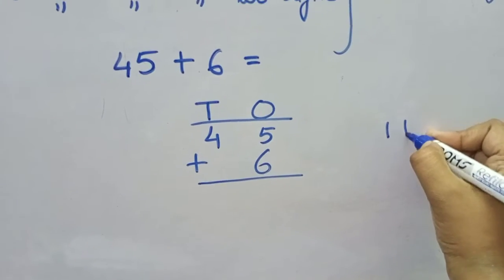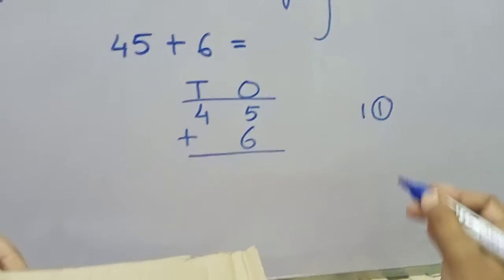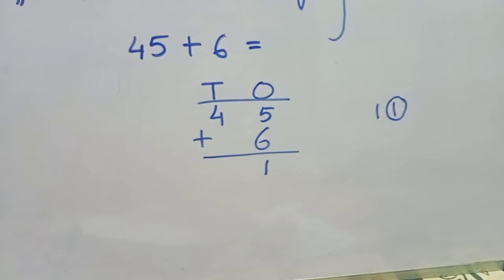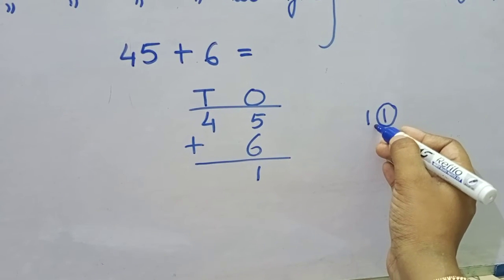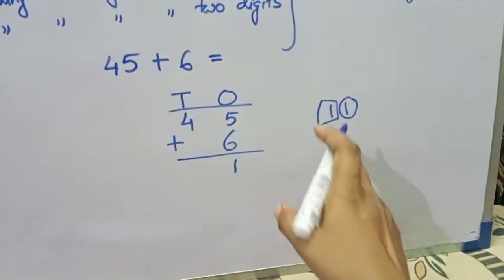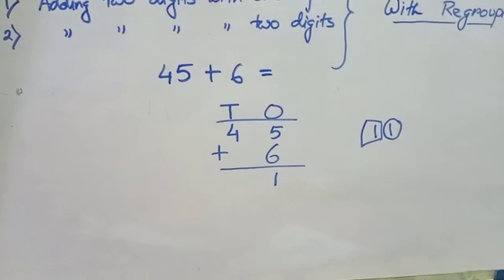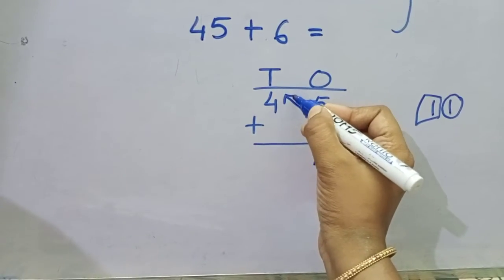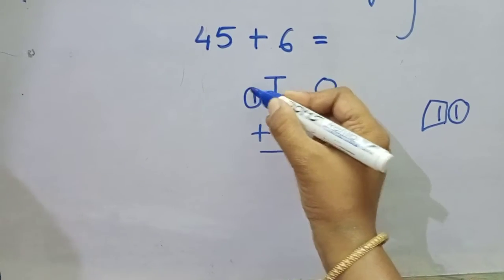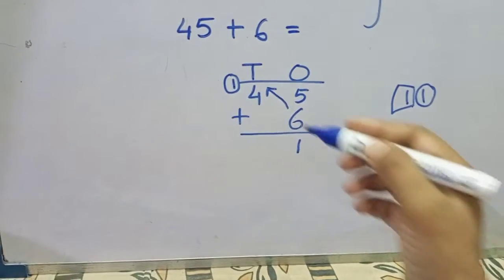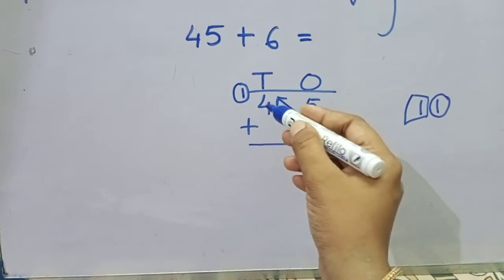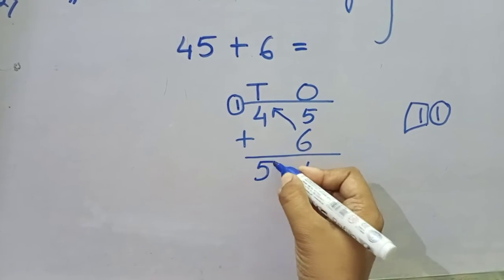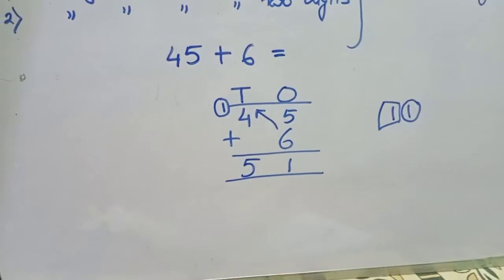The ones digit we are going to place just below the ones, and we are going to carry forward the tens column digit to the tens column. We write 1 in the tens column. This 1 we have to add with the tens column digit. That means 4 plus 1 becomes 5. So our answer is 51.